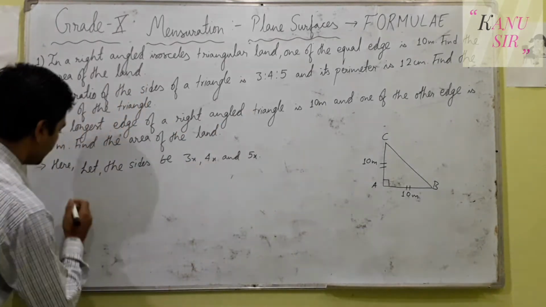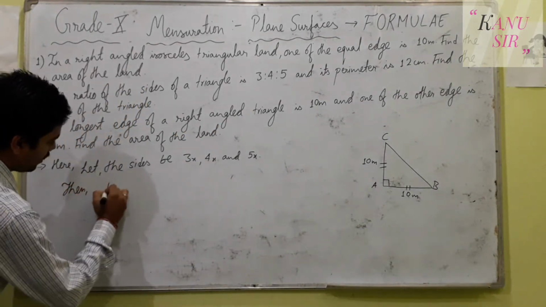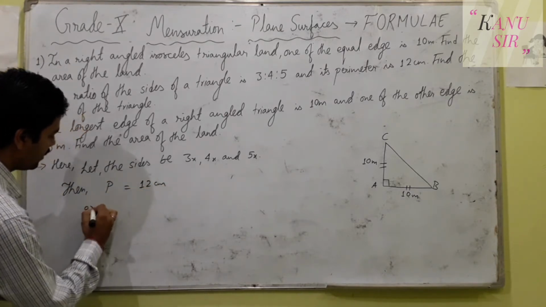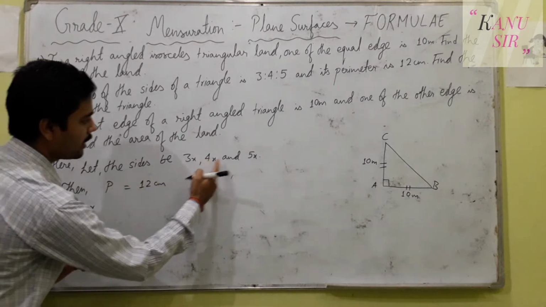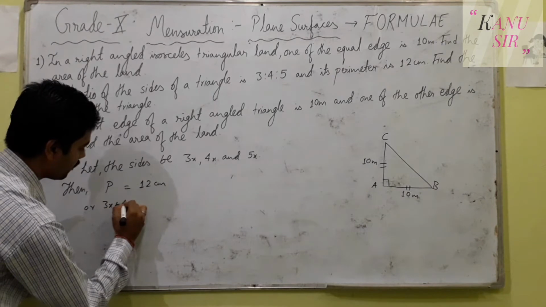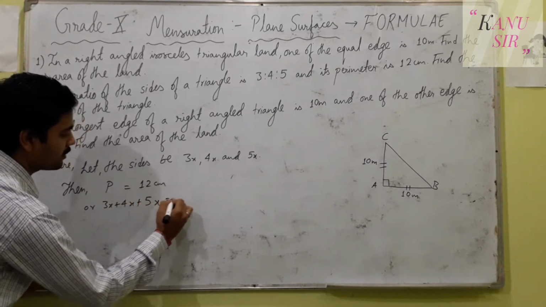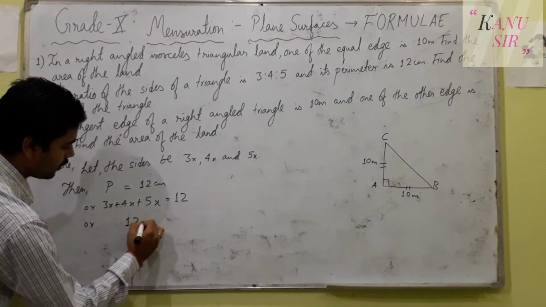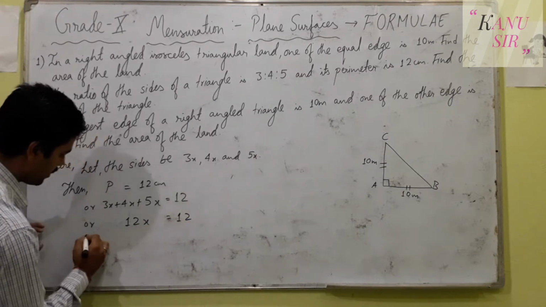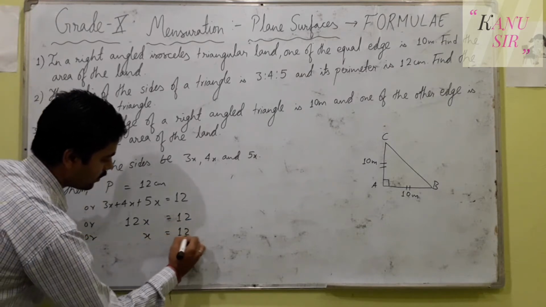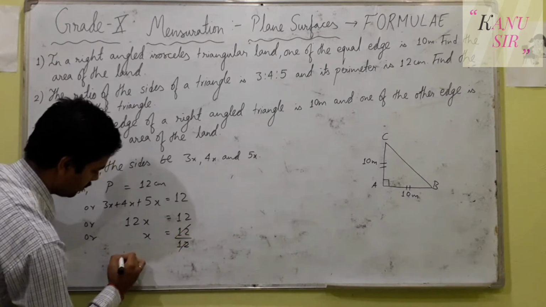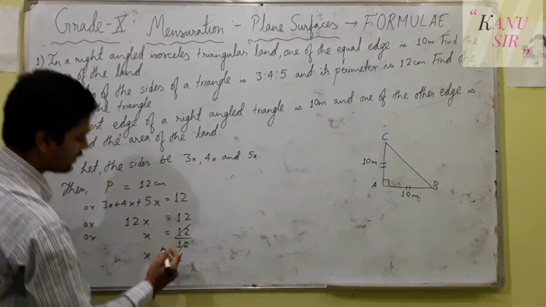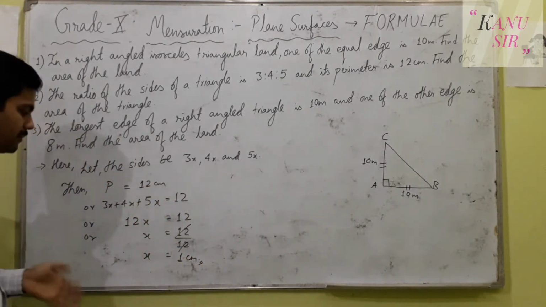Then P for perimeter equals 12 centimeter, and in place of P you can write the values of the lengths: 3x plus 4x plus 5x equals 12, or 3 plus 4, 7, plus 5, 12x equals 12, or x equals 12 upon 12, that gives x equals 1. The unit of the perimeter was centimeter, and hence the value of x comes to 1 centimeter.